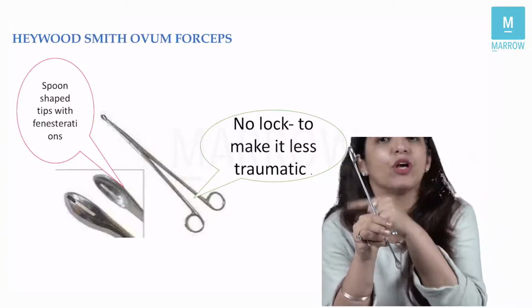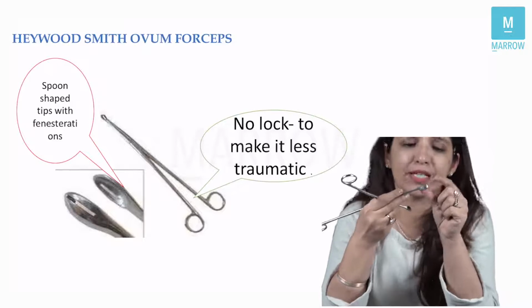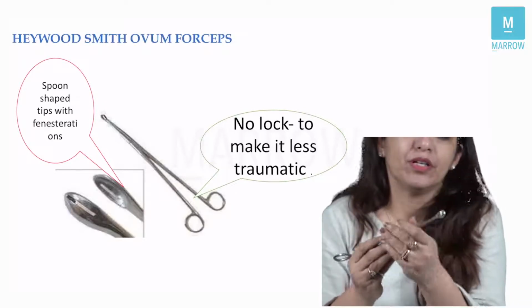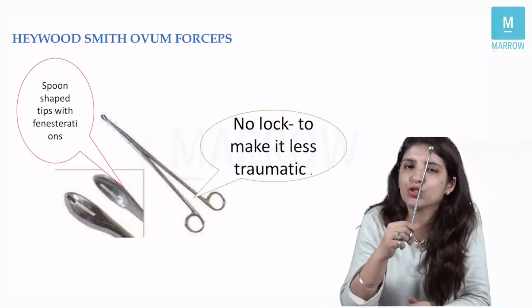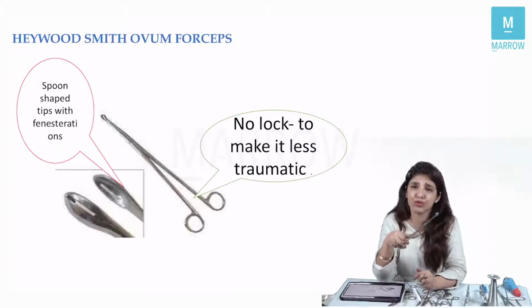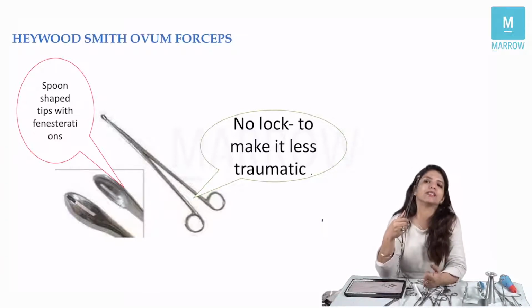Spoon-shaped forceps, no lock, and on the spoon there are serrations present, right? So, why is there no lock in the ovum forceps? There is no lock so that just in case a part of the uterus is held between it, it doesn't traumatize it, right? So, to make it less traumatic, it doesn't have any lock, right?